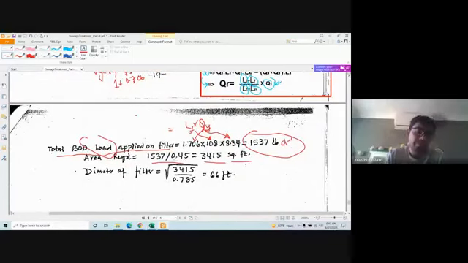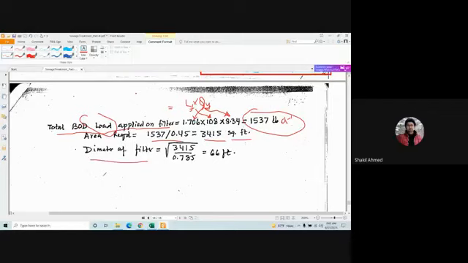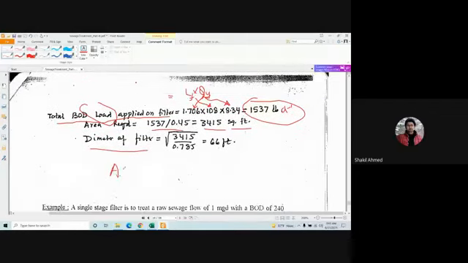Sir. So sorry. Now the diameter of the filter, it's easy. Area equals, this is circular, right? So pi by 4 d square. You don't need to use this, just use this. So d equals 4A divided by pi.